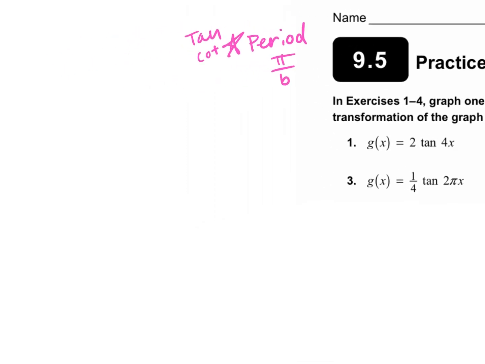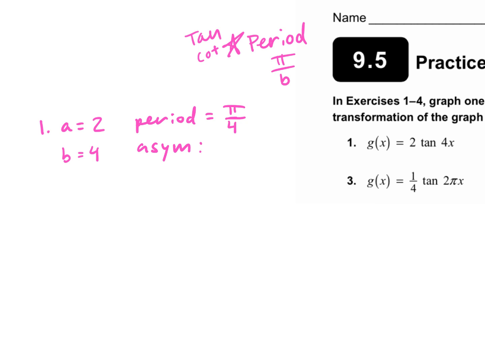So let's look at number 1. What's our a? 2. And what's our b? B is 4. But what's our period? Pi over 4. And then what's our asymptote going to be at?